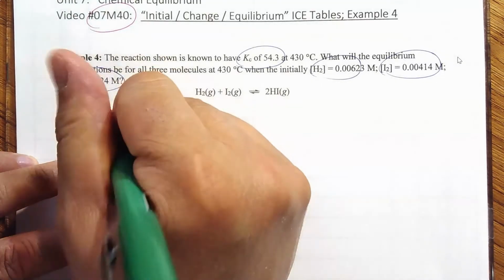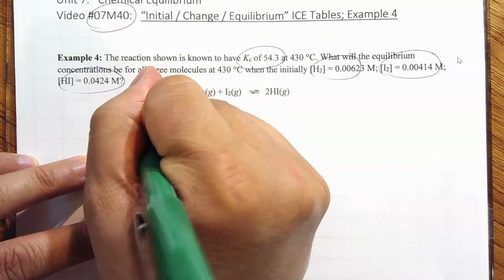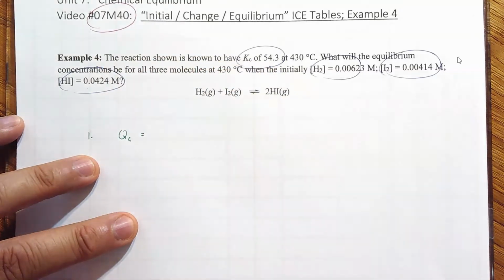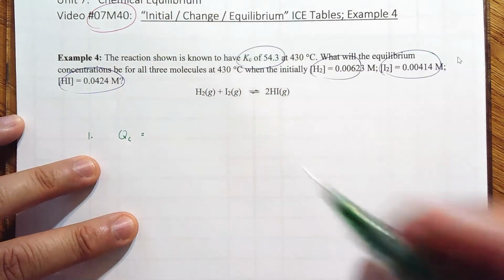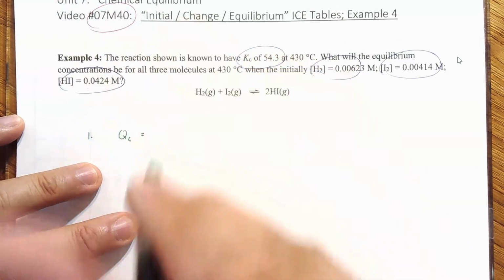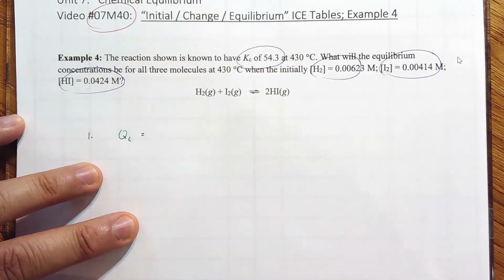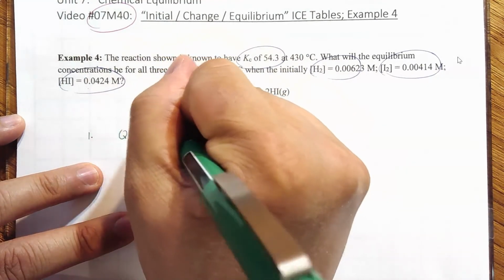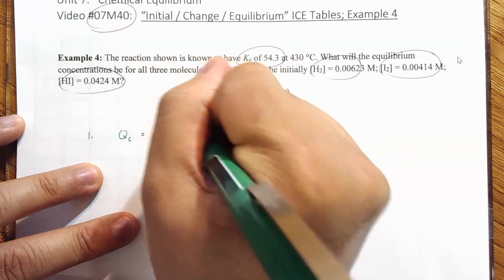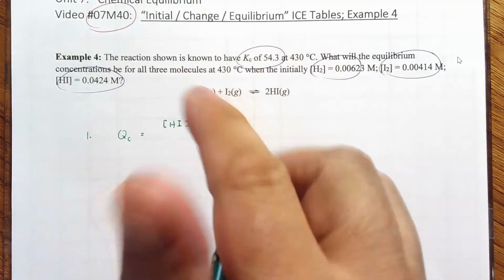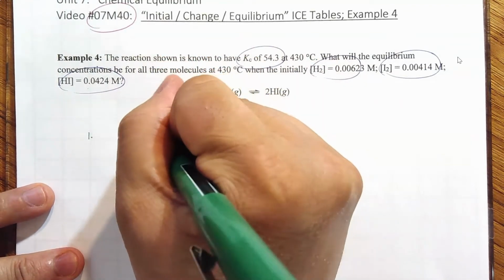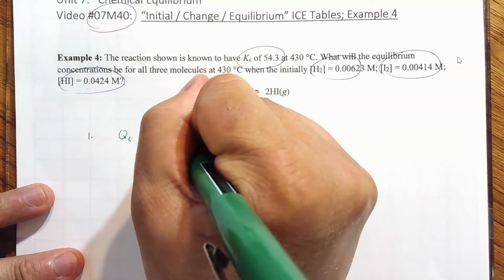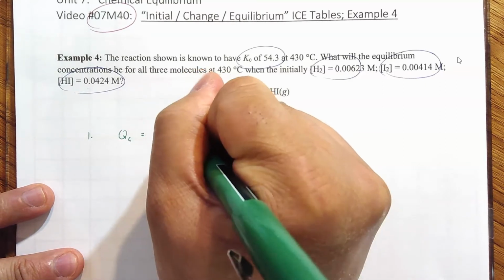So Qc, that's the reaction quotient when the concentrations potentially are not at equilibrium. Let's look at the equation. We have the concentration of HI squared divided by the concentration of H2 times the concentration of I2.